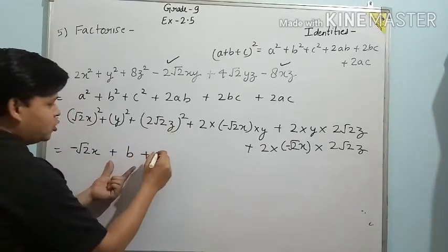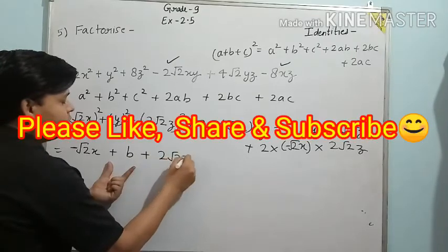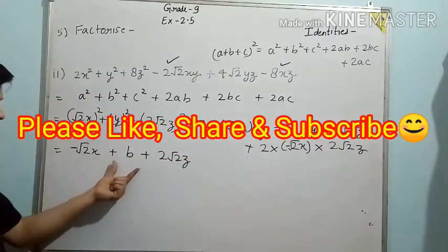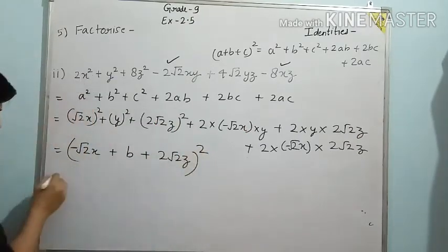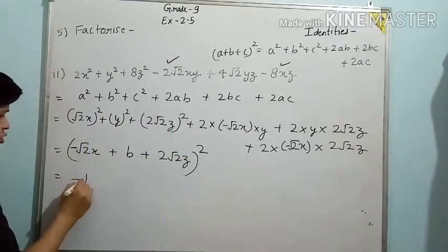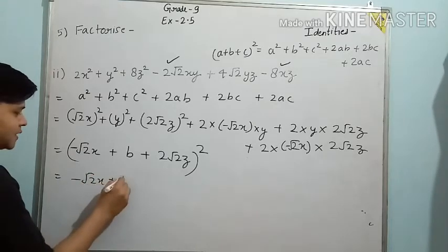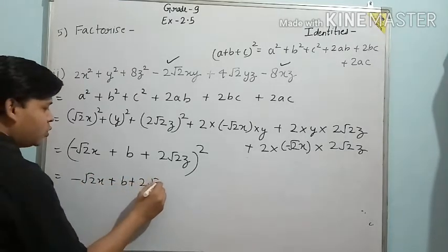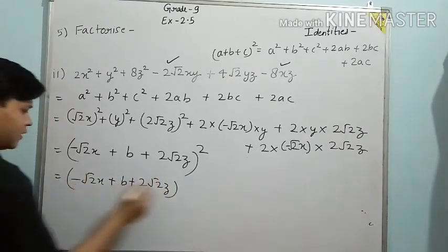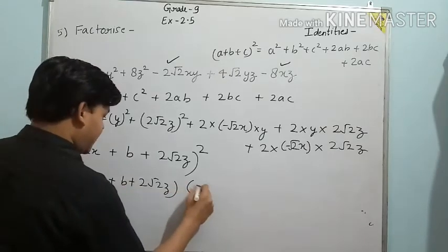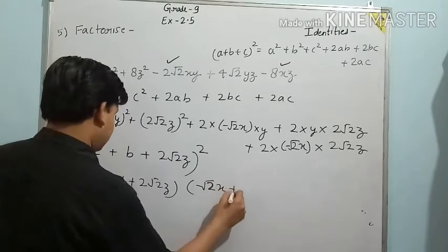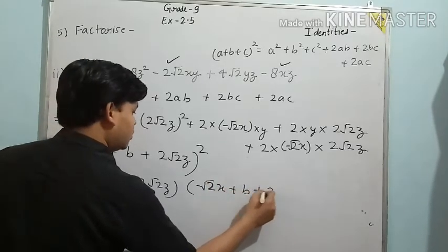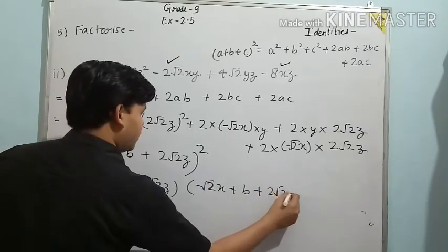This is c, 2 root 2 z. So a plus b plus c, put a square over it and write it 2 times: minus root 2x plus y plus 2 root 2 z, multiplied by the same thing, minus root 2x plus y plus 2 root 2 z.